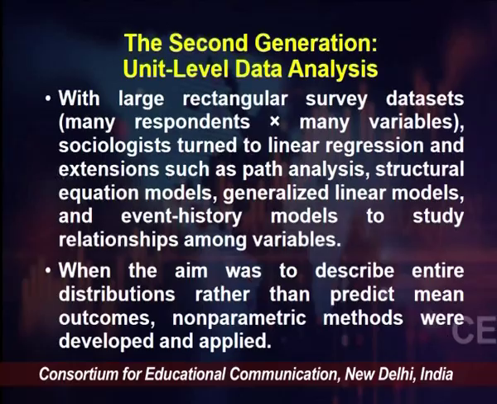With large rectangular survey data sets, many respondents by many variables, sociologists turned to linear regression and extensions such as path analysis, structural equation models, generalized linear models, and event history models to study relationships among variables. When the aim was to describe the entire distribution rather than predict the mean outcome, non-parametric methods were developed and applied.